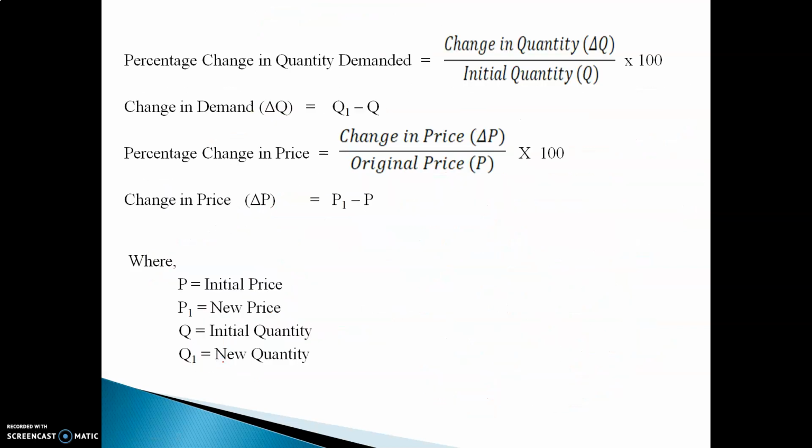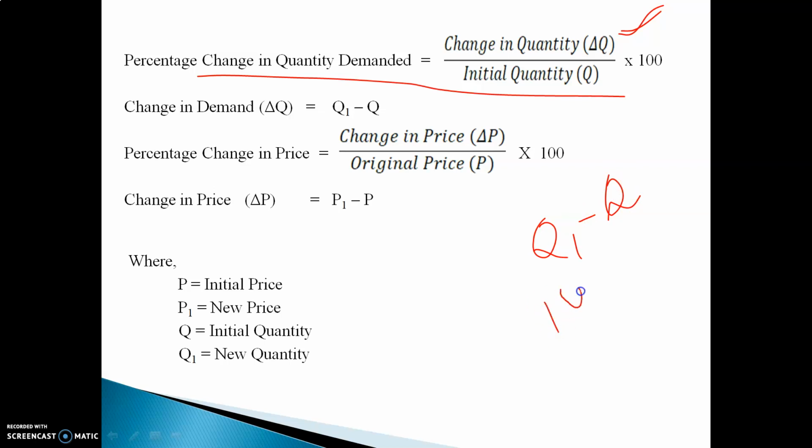Here I am explaining how the formula was derived. Percentage change in quantity demanded is represented as change in quantity, which is Q1 minus Q. Suppose the price has changed.